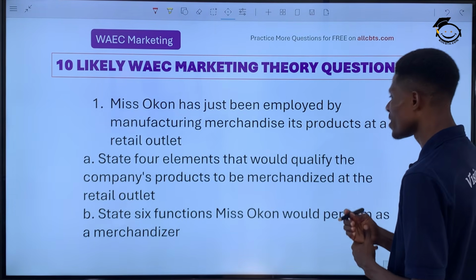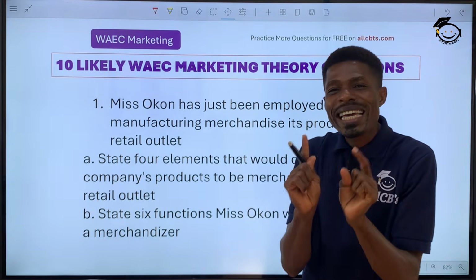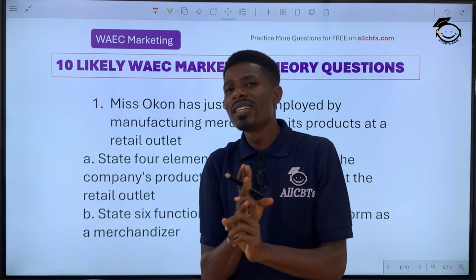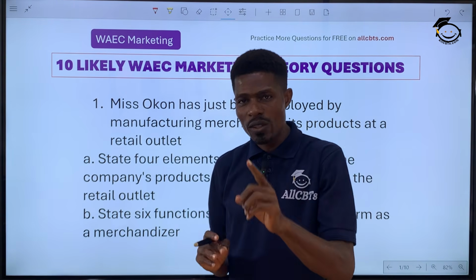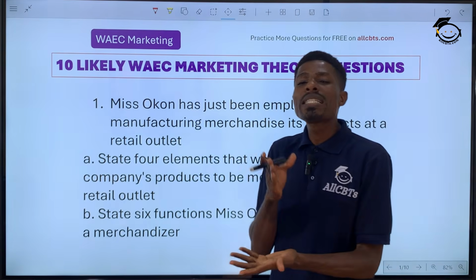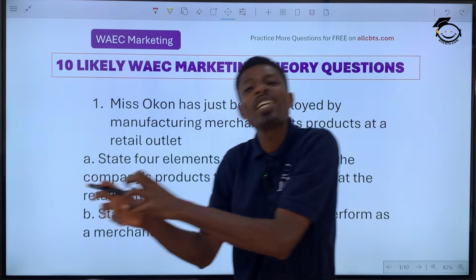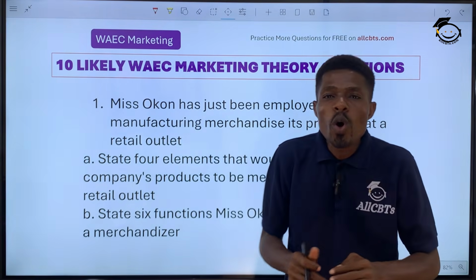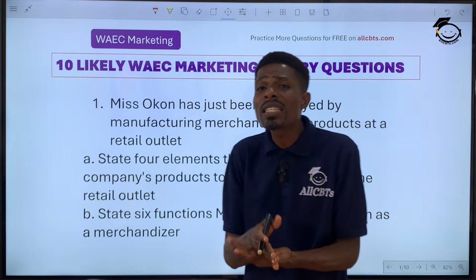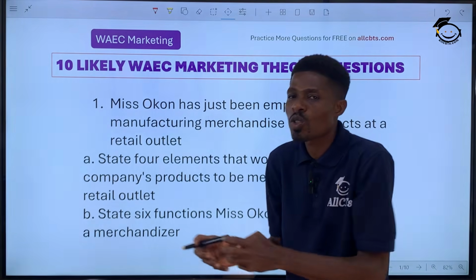The first one is standardized packaging. Why? Except a product is properly packaged, it will not catch the attention of customers. So the reason for attractive or standardized packaging is to catch the attention of the customer.